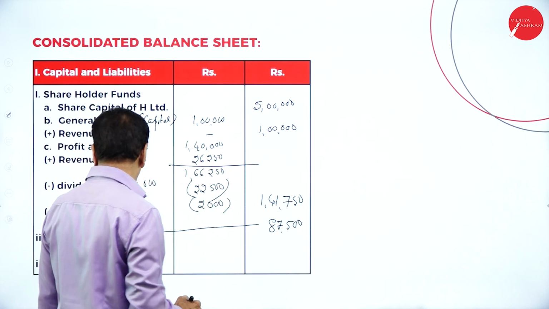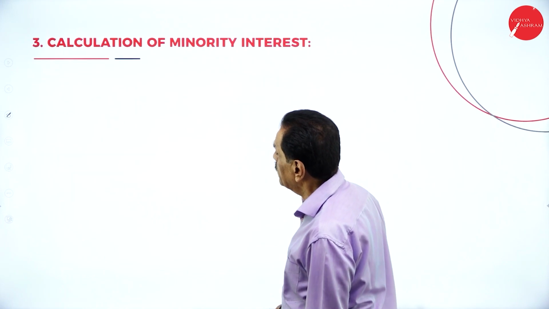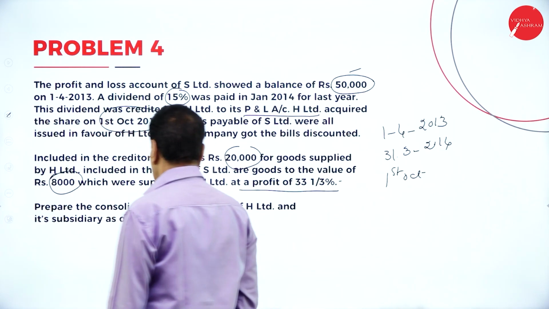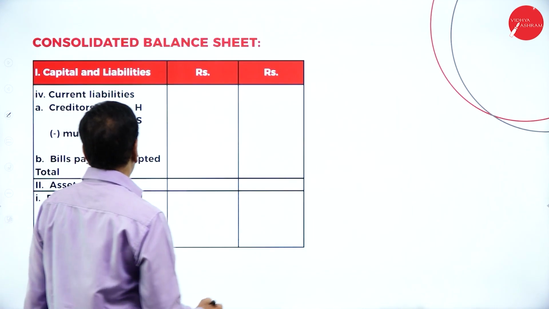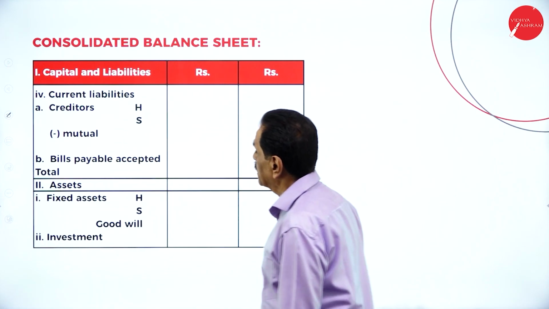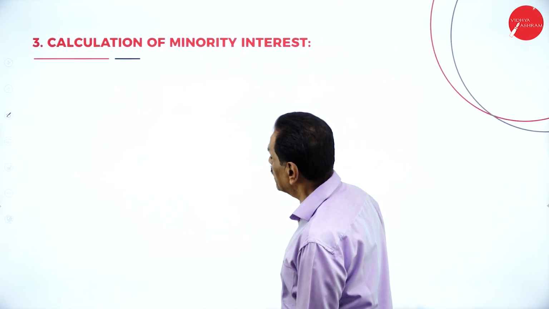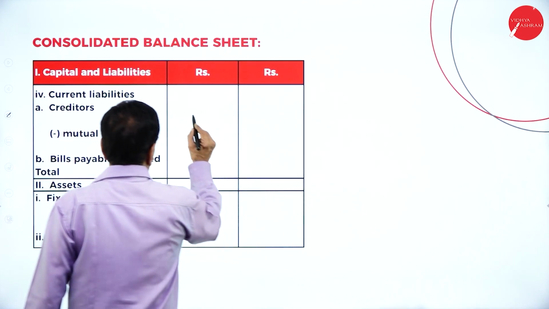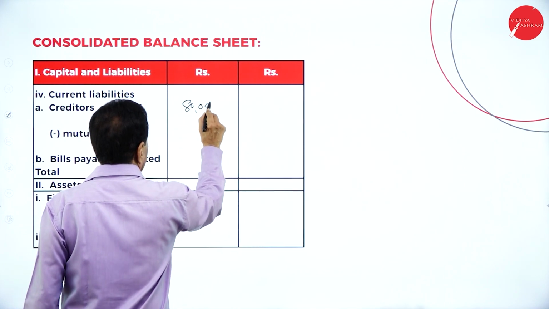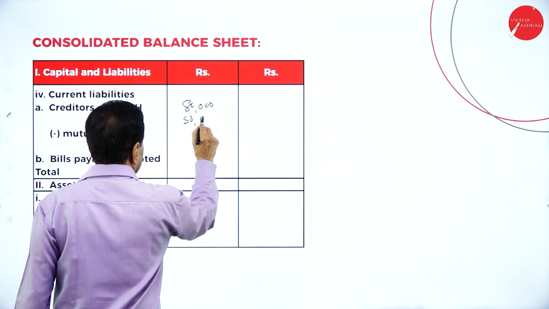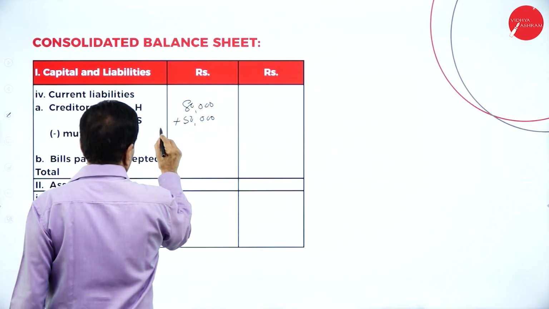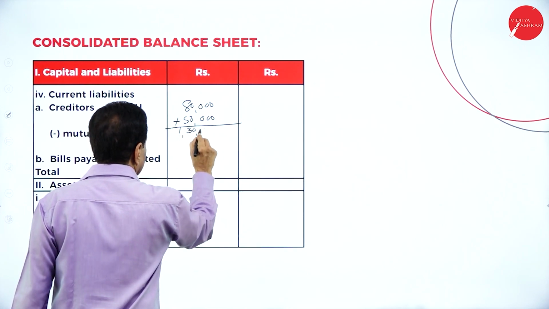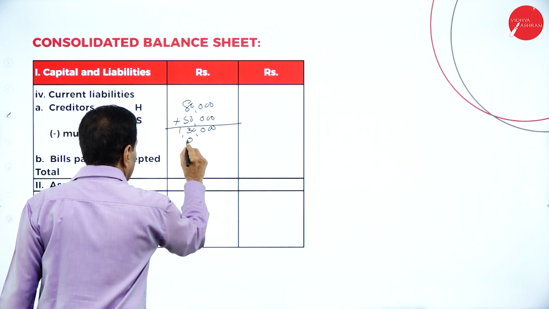Long-term loan. Any long-term loan is there? Debenture like this? No. Then come back to current liabilities. Creditors: H Limited, S Limited. Creditor H Limited is 80,000 plus 50,000, that is 1,30,000, minus mutual 20,000.